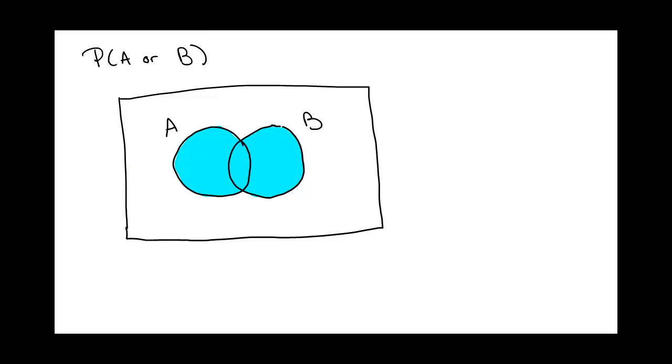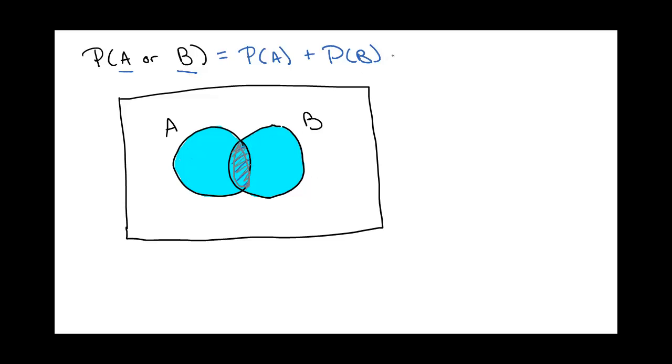Another way to think about this visually is to think about a Venn diagram. So if we're finding the probability of event A or event B, typically there will be some amount of events or people or whatever the case may be that fall into both categories. So what we just looked at before is that we could take the probability of A and the probability of B, but if we just do that, we're going to be double counting this shaded area in the middle. So if you took all of circle A here and then all of circle B, that shaded area would get counted twice.